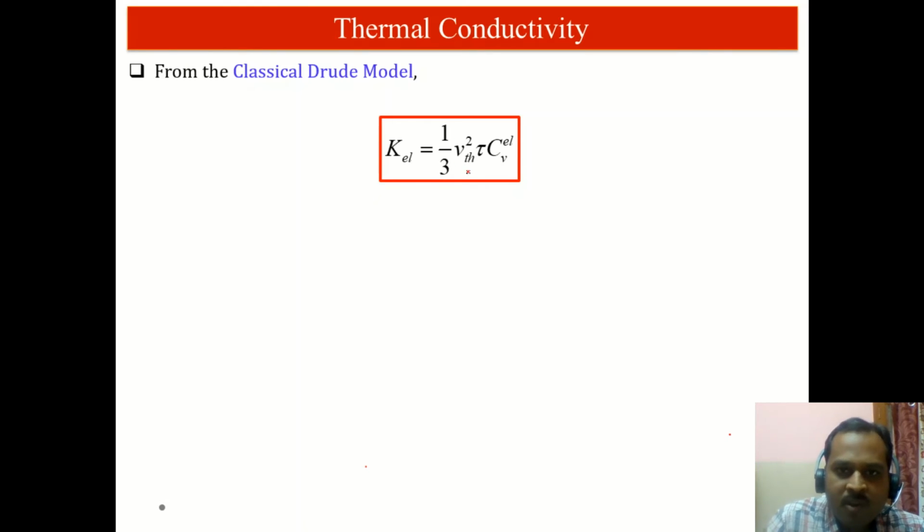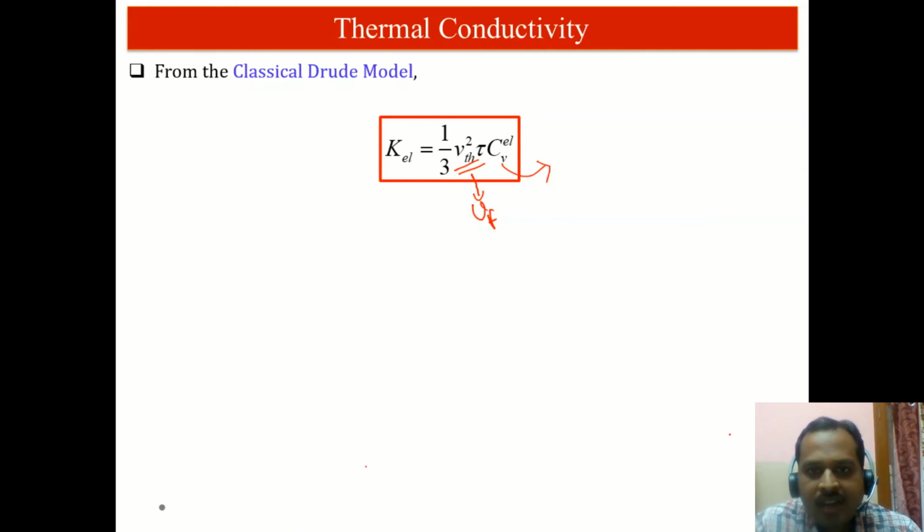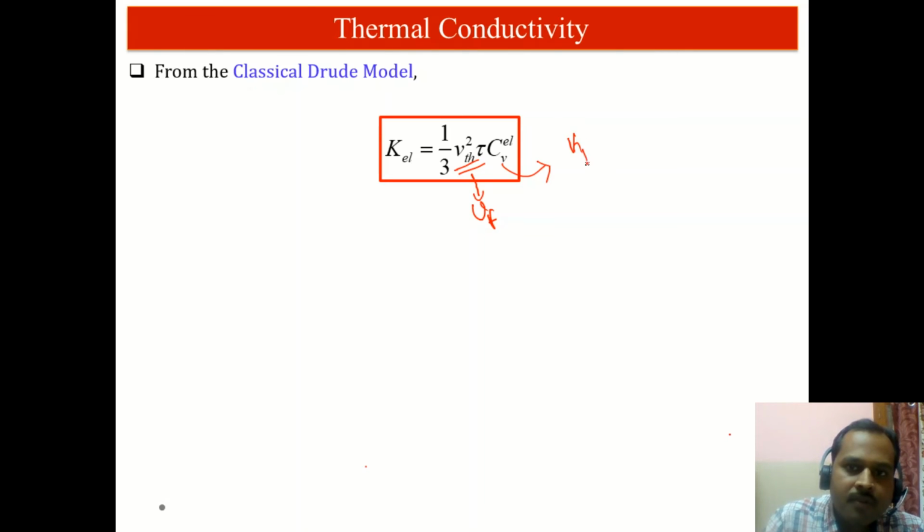What do we have to modify? First thing is that this vTH has to be replaced by vF, which is the Fermi speed, and we have to use the modified expression for the heat capacity, which is kBT by EF times the classical term, which is 3 by 2 N kB.